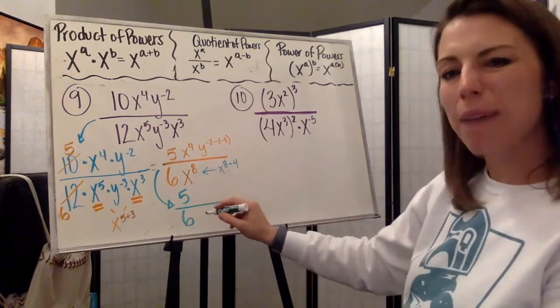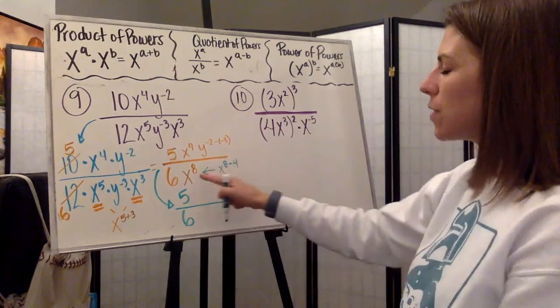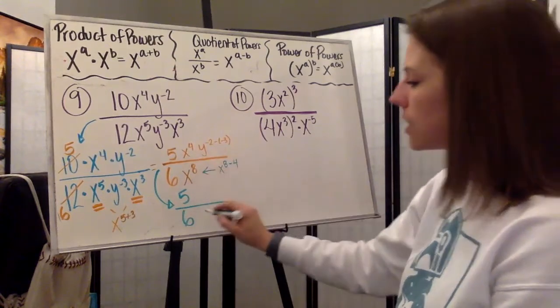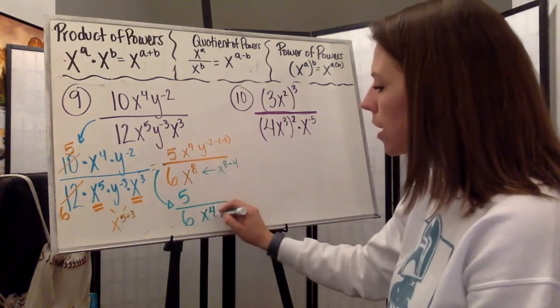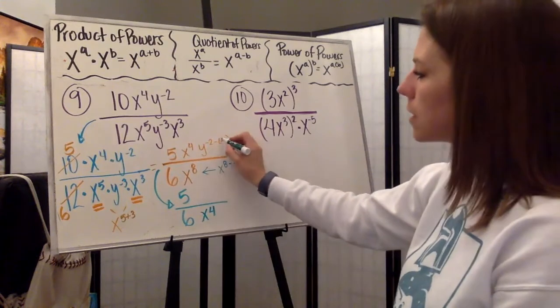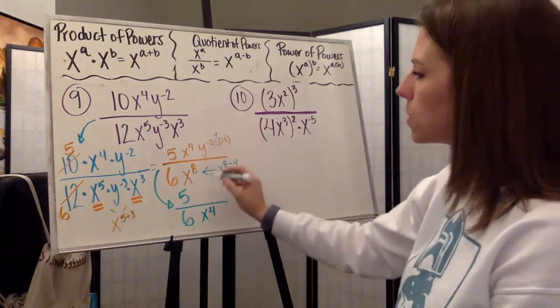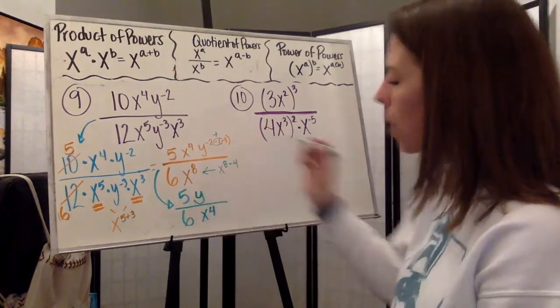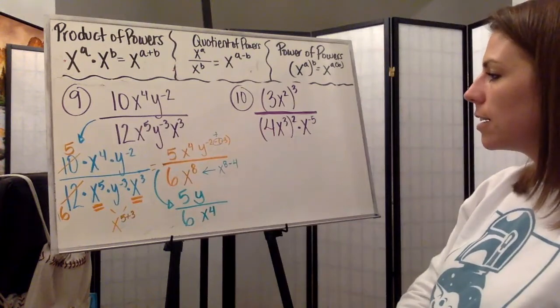I'm just going to do that math because I'm running out of room. If I take 4 of these away from 8, I'm left with x to the fourth in the denominator. And then -2 minus -3 is equivalent to adding. -2 plus 3 is 1. So I'm just left with 1y in the numerator.